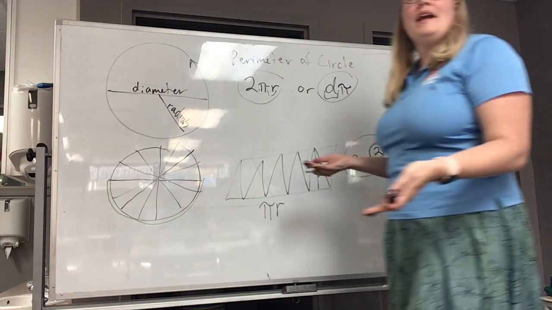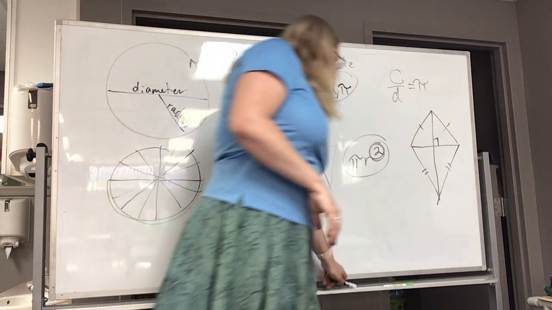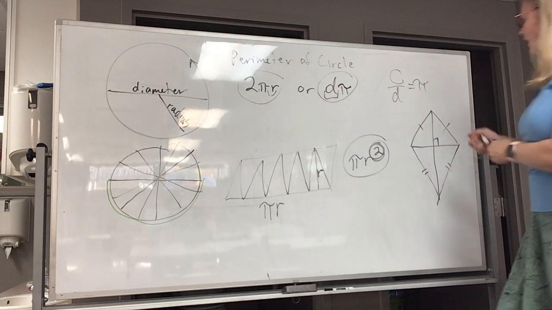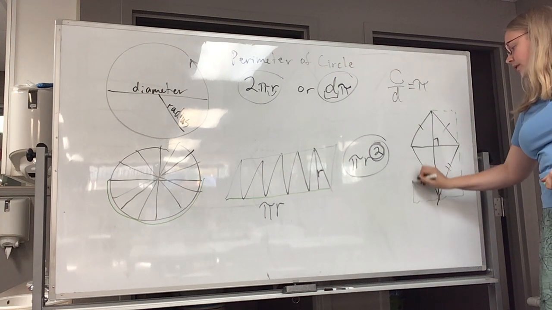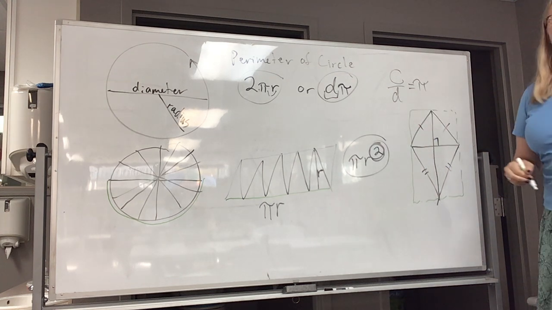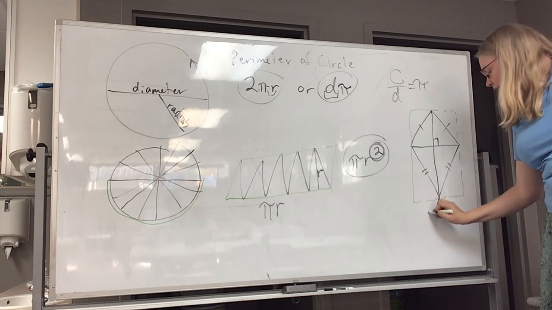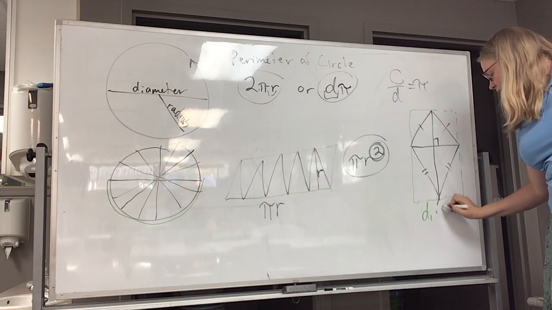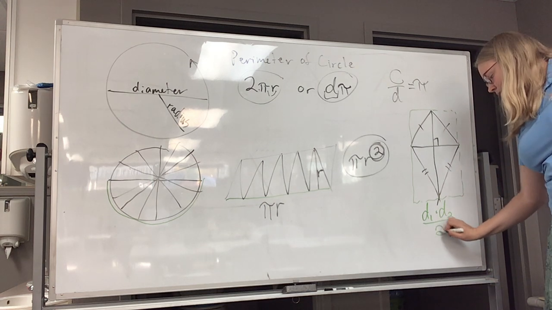They meet at those right angles again. So again, it's just going to be half of the rectangle. And so it's diagonal 1 times diagonal 2, and then cut in half.